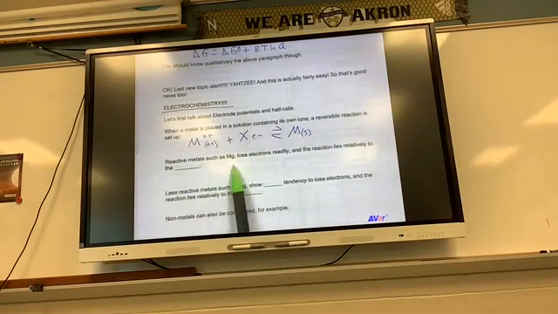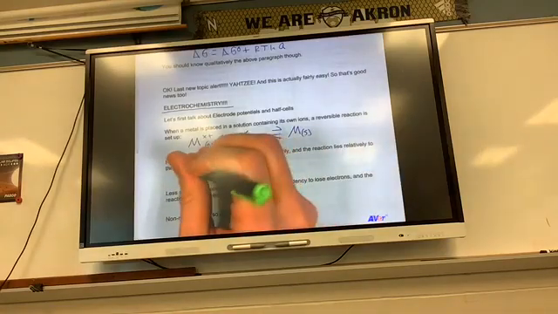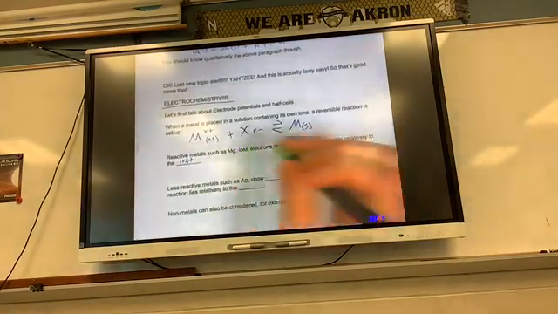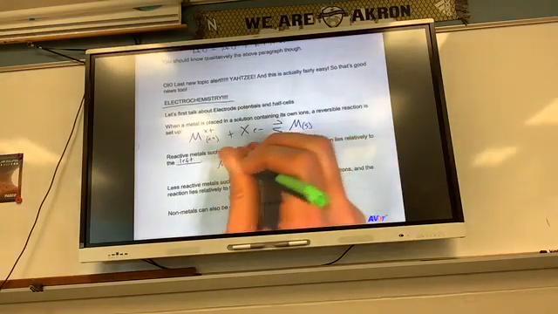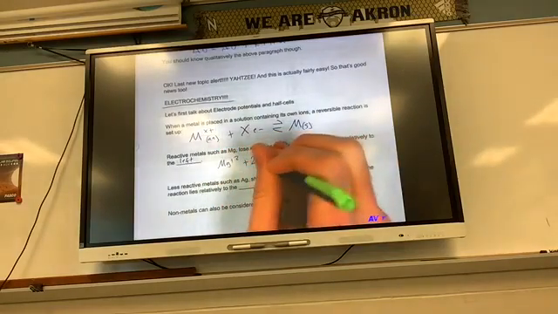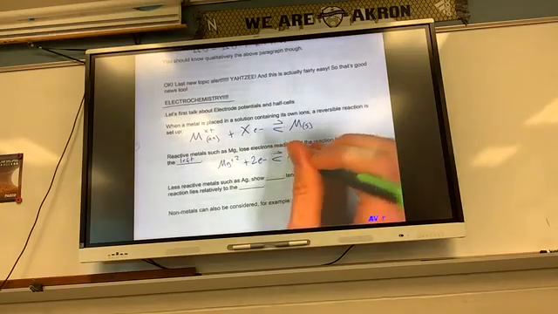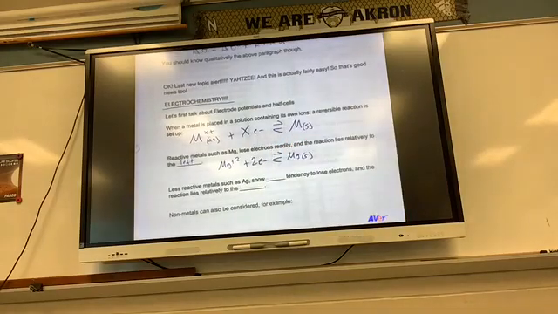Reactive metals such as magnesium lose electrons readily. And the reaction lies relatively to which way? To the left. Because I'm giving up electrons on the left side. So I have Mg 2+ plus 2 electrons that I'm giving away in equilibrium with Mg solid.